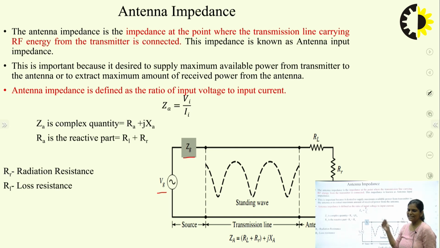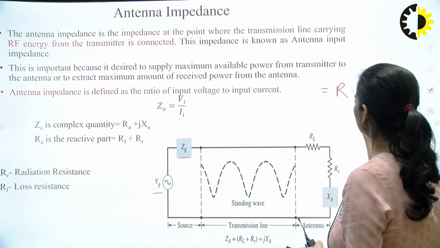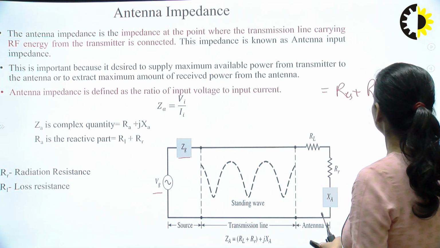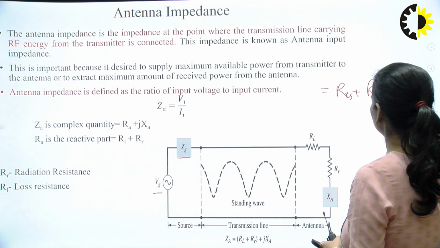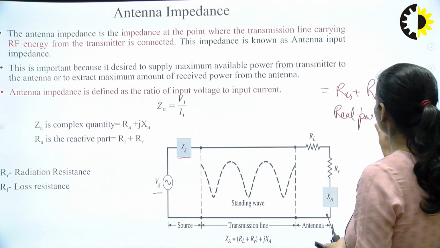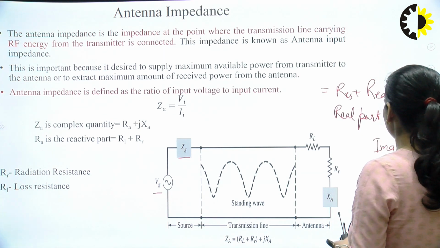Impedance is the quantity which opposes current in a circuit. If we apply voltage in the circuit, current is produced. Resistance is the real part, and reactance is the imaginary part.